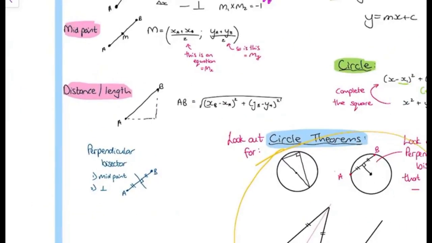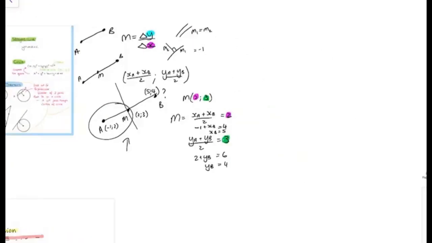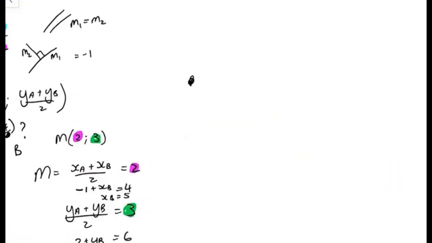Okay, then the third point that I have here is your distance formula. So if you've got A and B, then you can find the length of AB, and that really is just Pythagoras.